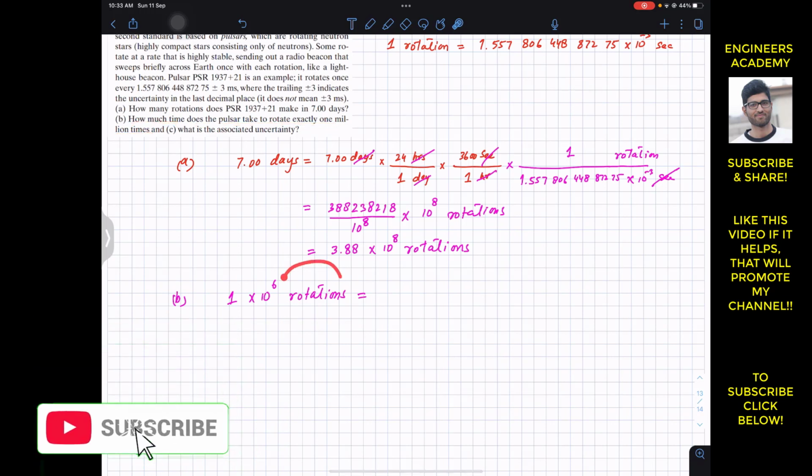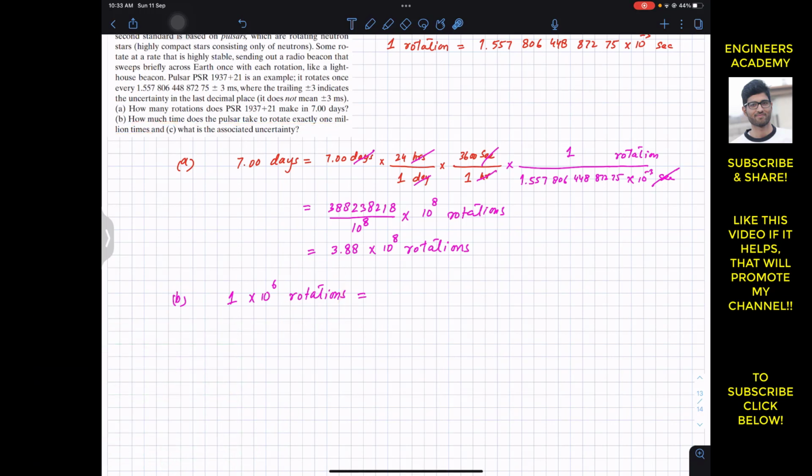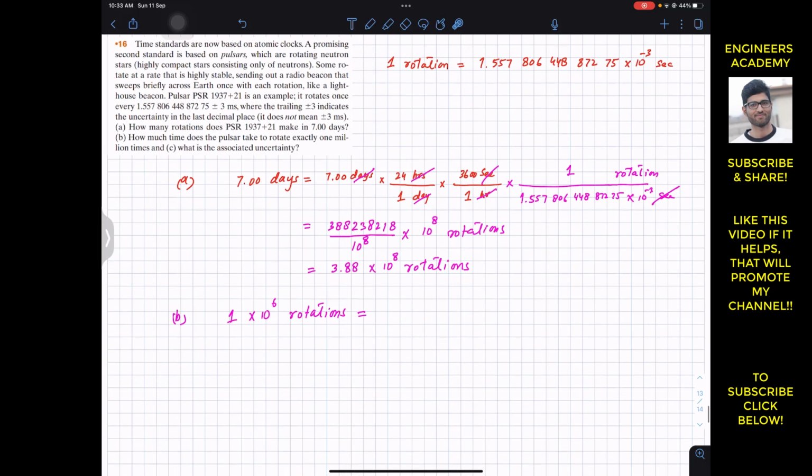So we need to convert this rotation into seconds, since we are given the conversion between rotation and seconds. So now 1 multiplied by 10 raised to the power 6 rotations. So we need to multiply it by a fraction in order to cancel out these rotations. So rotation needs to be in the denominator and the seconds need to be in the numerator.